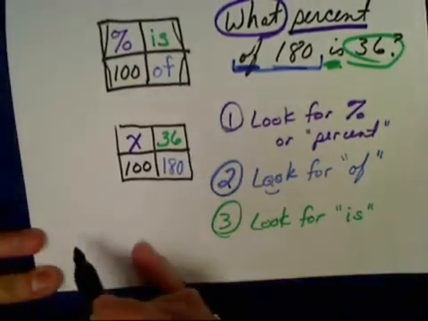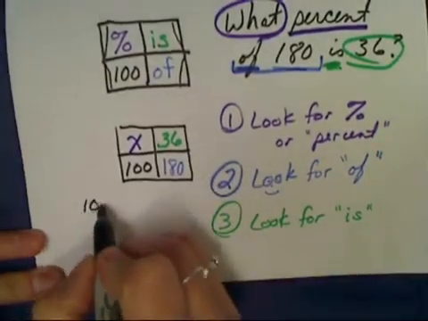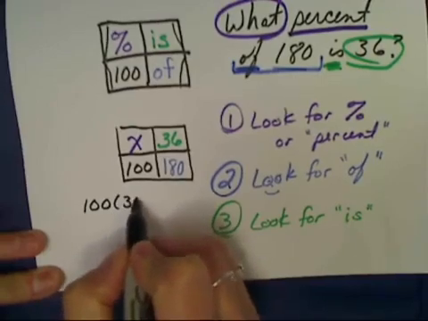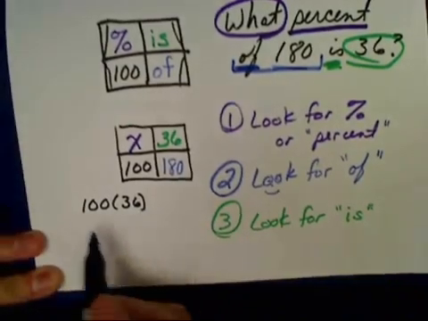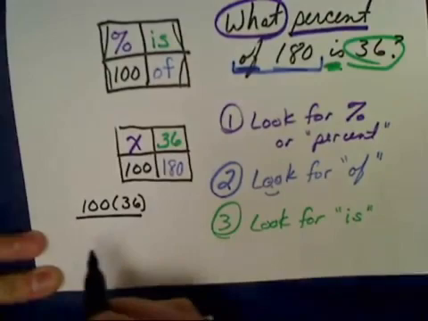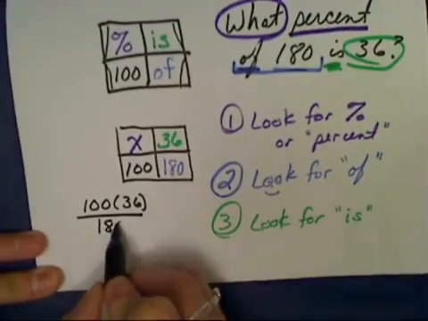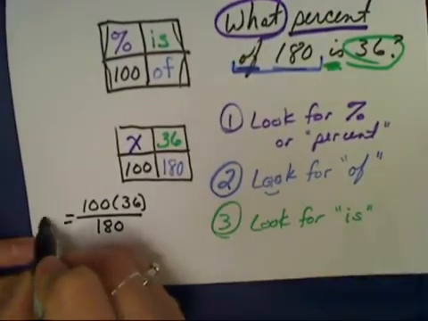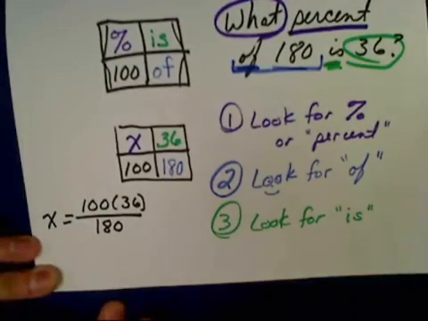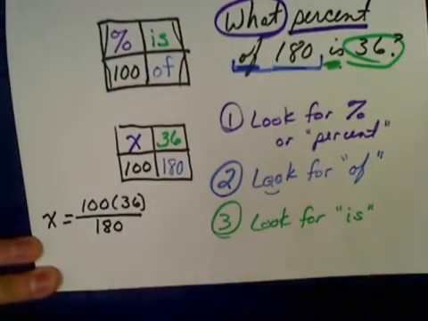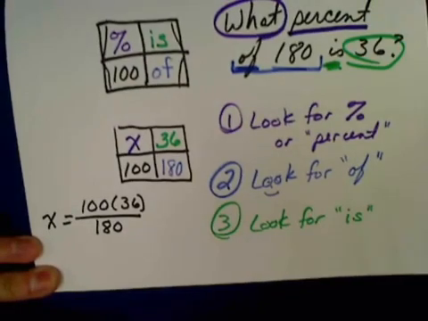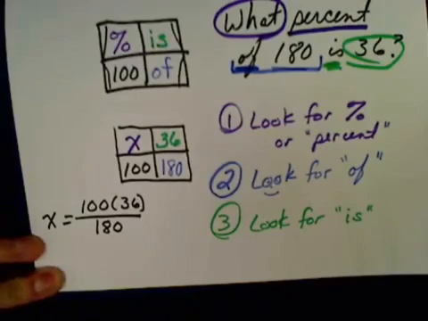Those 2 numbers you multiply together. And then you divide by the 3rd number. And that is equal to your x. For those of you who are familiar with proportions, you're just setting up a proportion. Those of you who like those types of problems, this is cross multiply and divide.